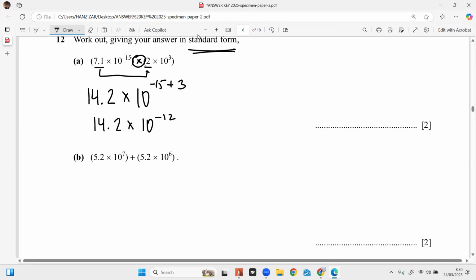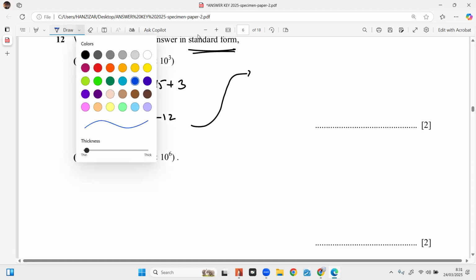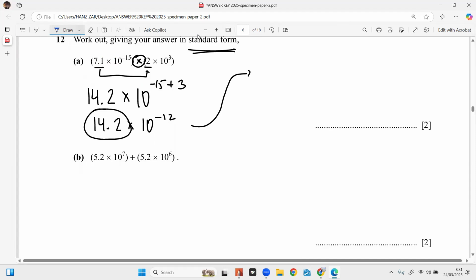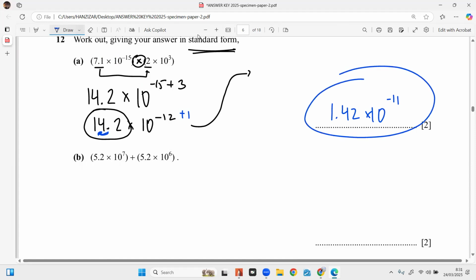A standard form has to be between 1 and 10. So you have to put the decimal one step to the left. One step to the left becomes 1.42. And also, if you go left, the decimal goes to add to the power. 10 to the power of negative 11. This is the standard form.